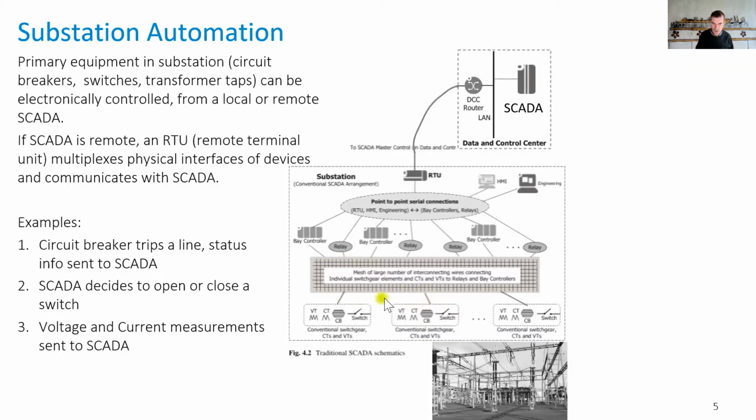All of this equipment is controlled electronically. In fact, one of those stations, in Switzerland at least, is not manned. Nobody's there, except when there is some surveillance, monitoring, or some maintenance to do. So it's completely automated. All those electronic equipments, here VT and CT, are voltage transformers and current transformers. Those are the devices used to measure.